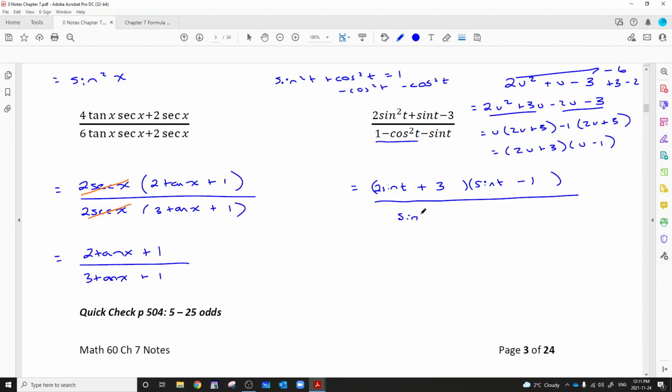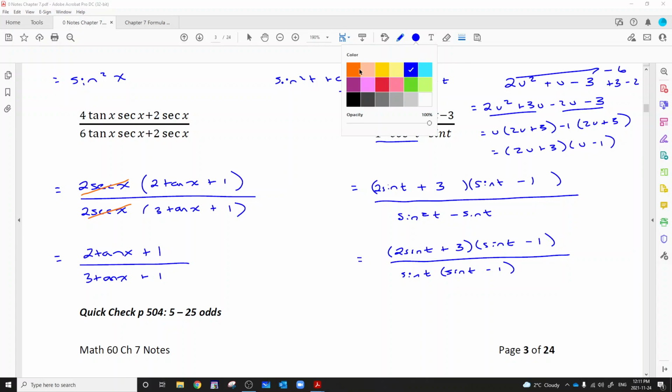So I'm going to write that down, sine squared t, replacing the 1 minus cos squared t, and I've got minus sine t. Okay, still nothing to simplify, but hopefully now you can see that the bottom can greatest common factor. So I still have 2 sine t plus 3 times sine t minus 1 all over, I'm going to greatest common factor out that sine t to be left with sine t minus 1.